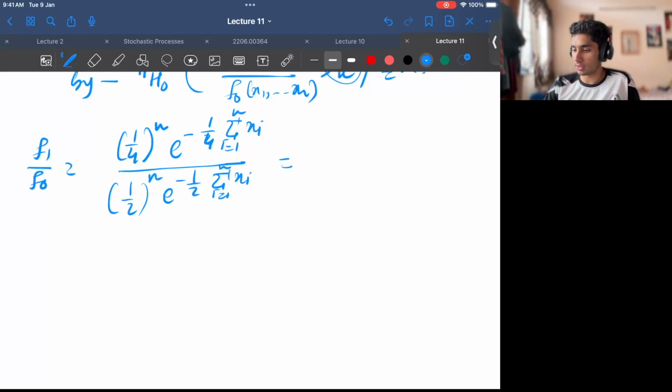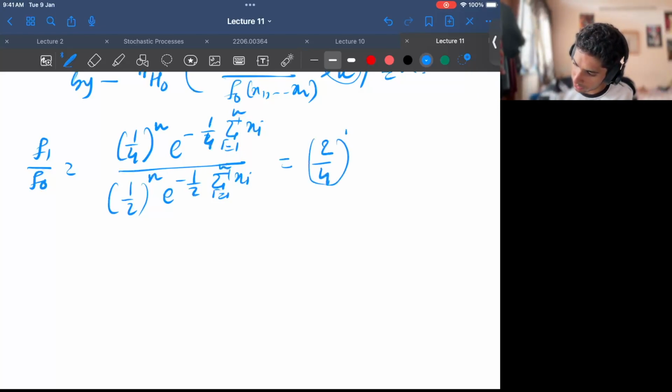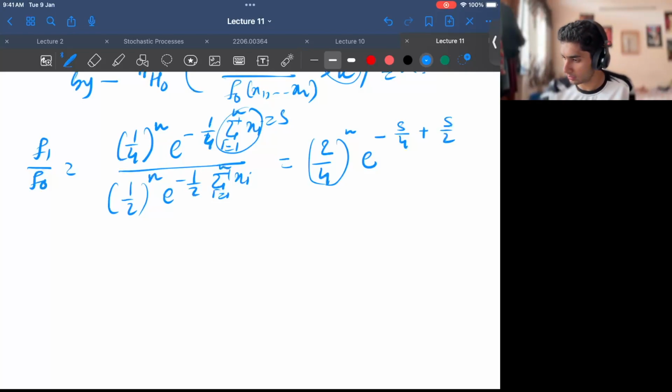This thing, what will this thing become? So this will become 2 by 4 raised to n, this thing e raised to minus, so if I call this thing as s, it's e raised to minus s by 4 plus s by 2, right?